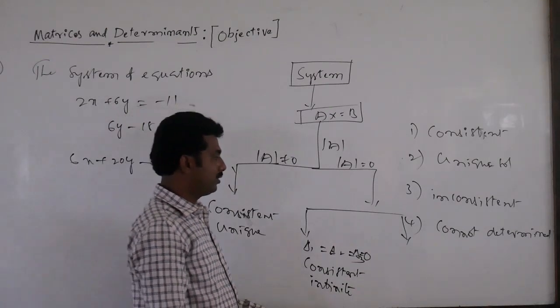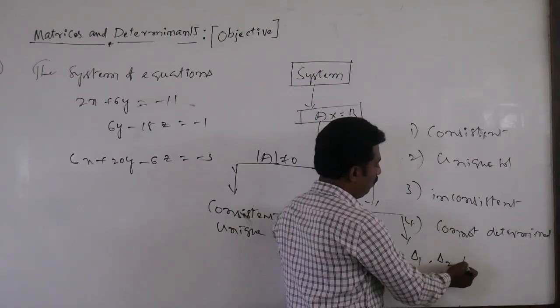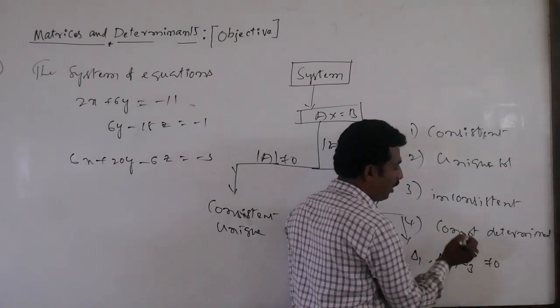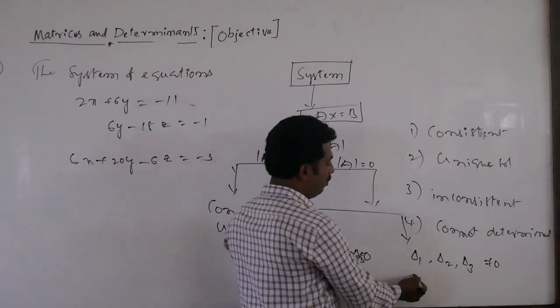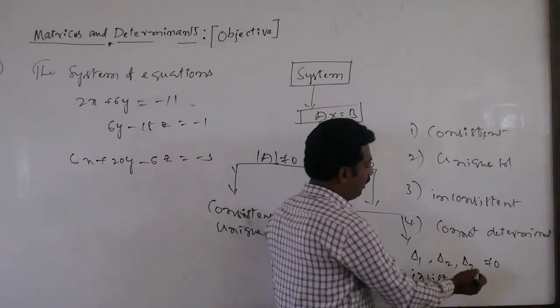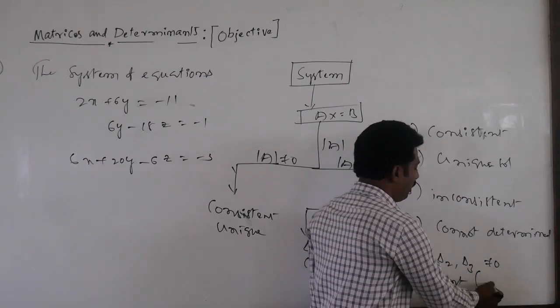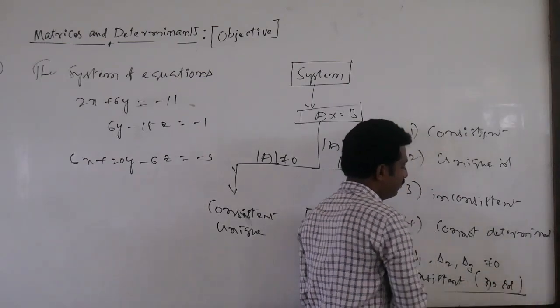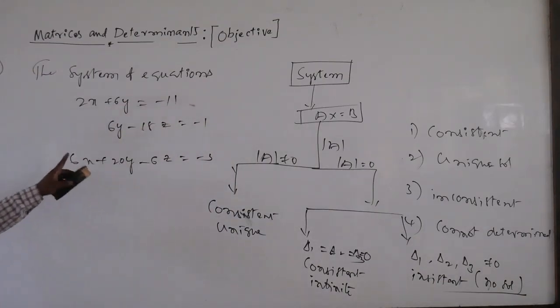At least one of them, either delta 1 or delta 2 or delta 3, not equal to 0, the system is inconsistent. It has no solution. So this is the algorithm. Based on this algorithm we are going to solve these questions according to the four options.